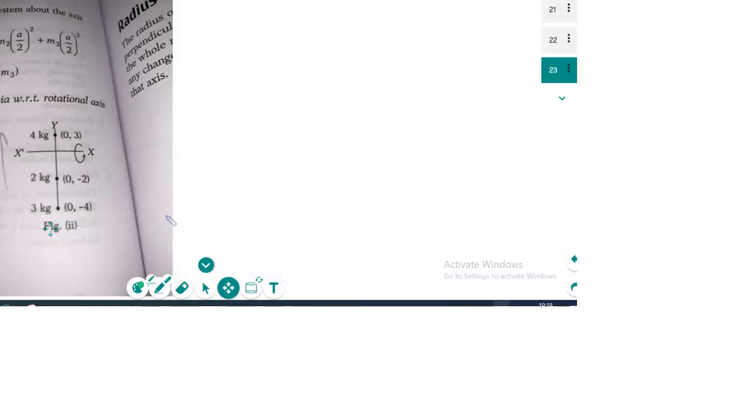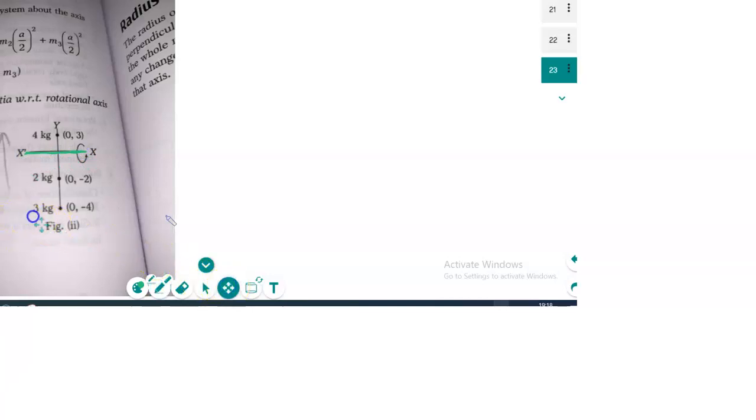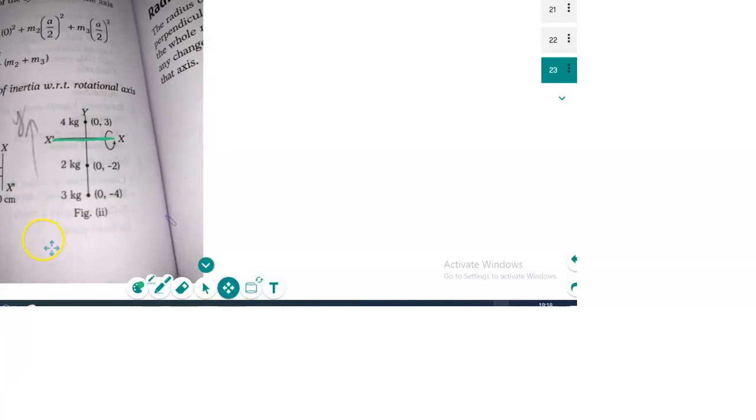They want to rotate the following figure about the x-axis. So I take 4 multiplied by 3 square, yes, and then plus 2 multiplied by 2 square. But my question is, am I not supposed to do minus 4?